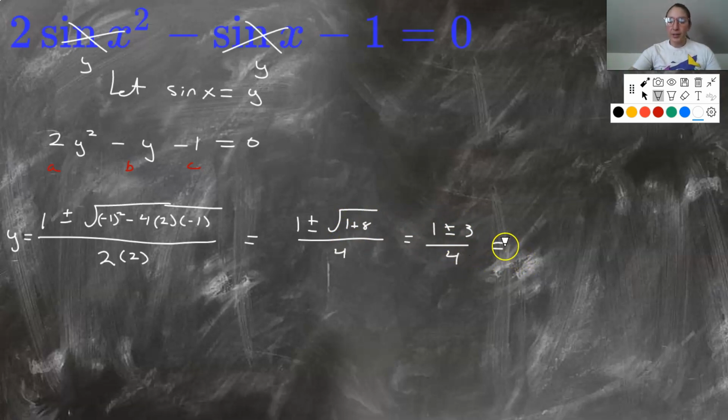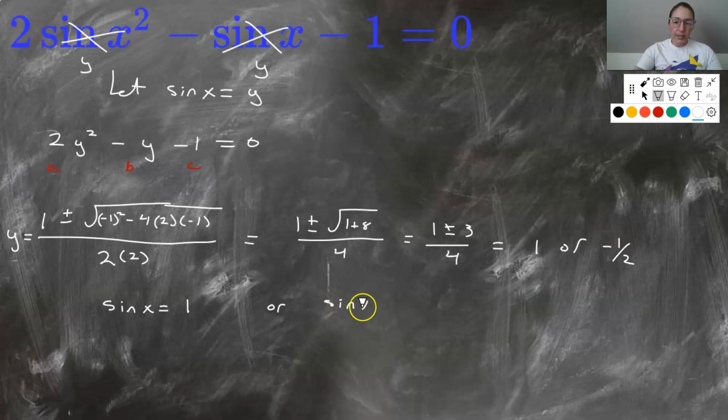So y is going to equal 1 plus 3 over 4, that's 4 over 4, which is 1, or 1 minus 3 is negative 2, and negative 2 over 4 reduced is negative a half. So y is equal to 1 or negative a half. That's great. But now let's back substitute. Y is sine of x. So sine of x equals 1.